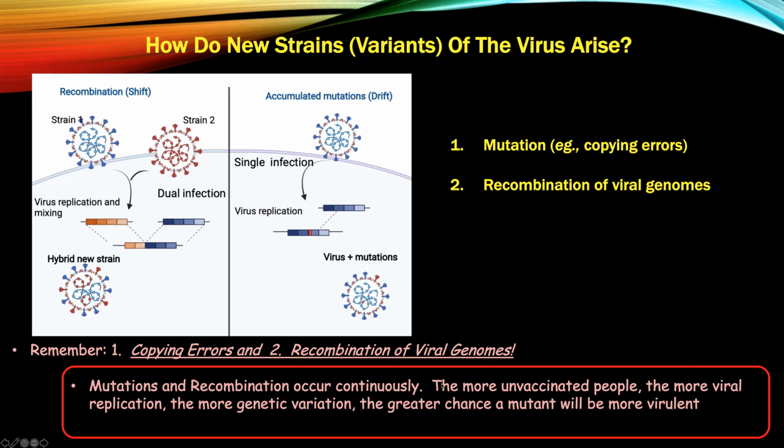So that means that the more unvaccinated people there are, the more the virus replicates, the more mutations occur, the more genetic variation, and the greater the chance that a mutant will be more virulent. So really the only way to stop this pandemic is to get enough people vaccinated that we slow down the worldwide replication of the virus.